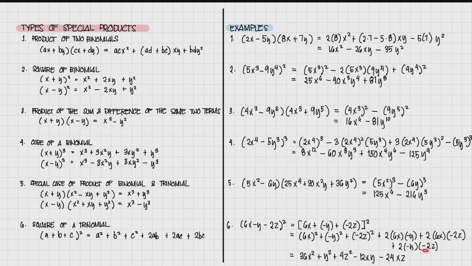So negative 2 times negative 1 is positive 2 times 2. So that's positive 4 times y times z. And that's the final answer for example number 4.